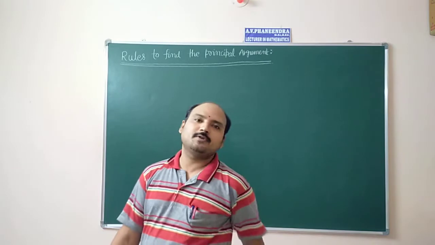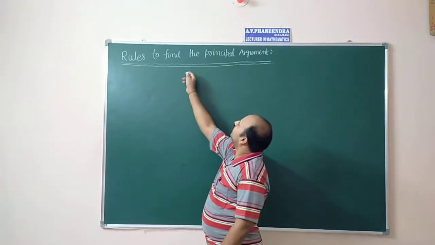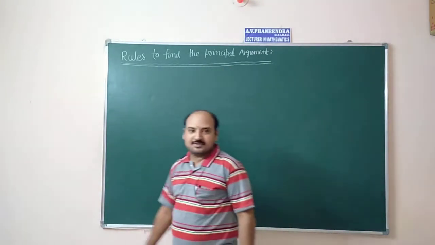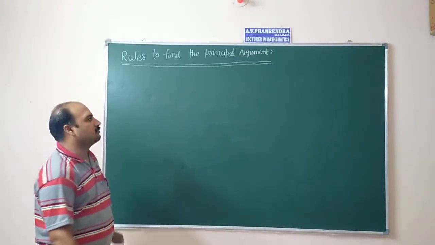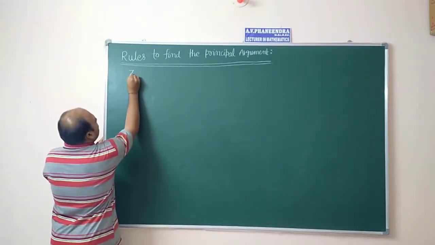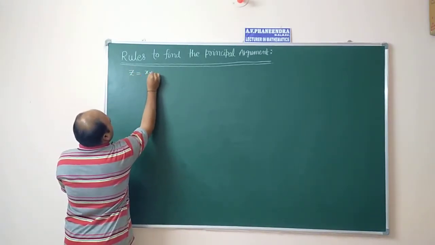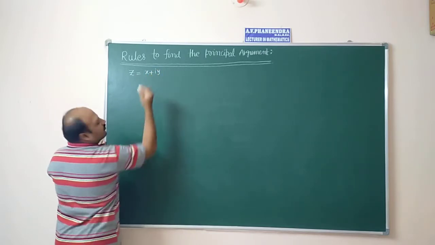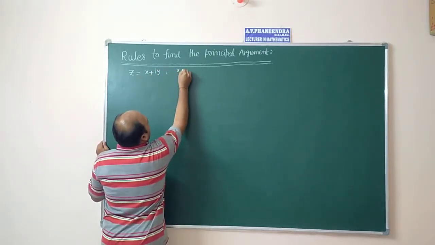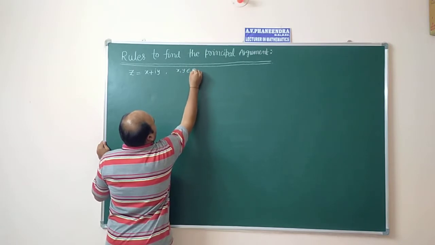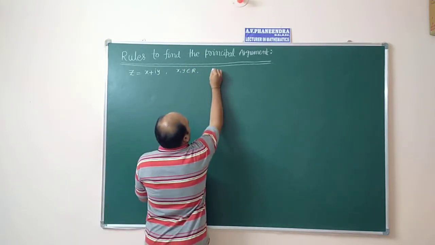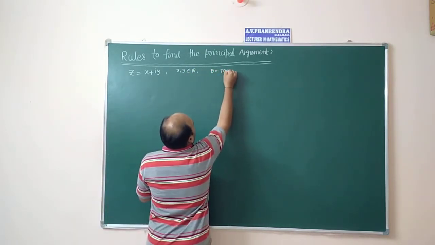The last concept: rules to find the principal argument for the complex number. Suppose z equals x plus iy, where x, y belong to R and are non-zero numbers, theta equals tan inverse of y by x.